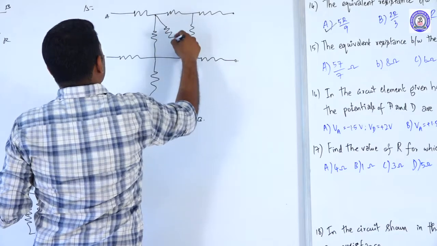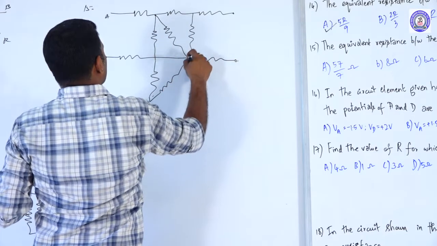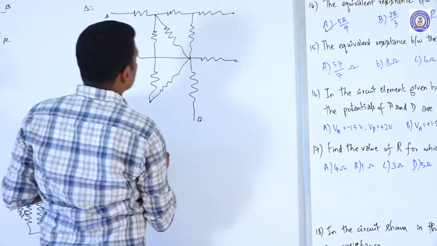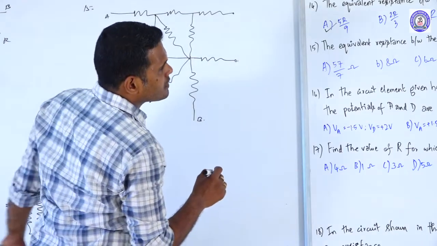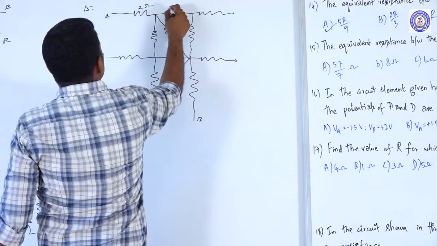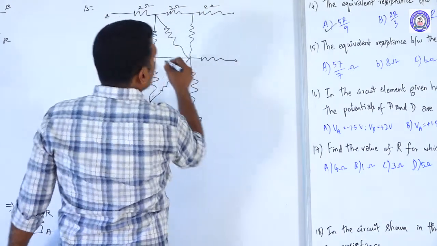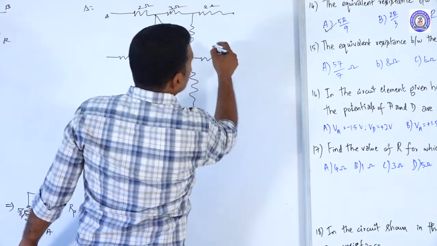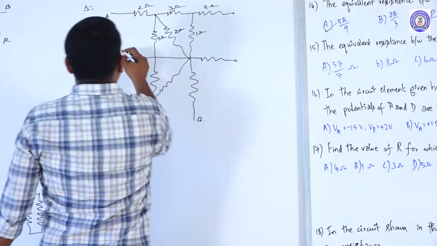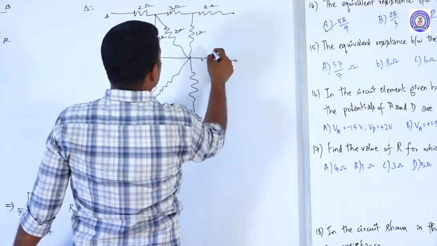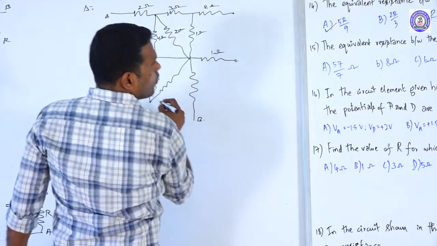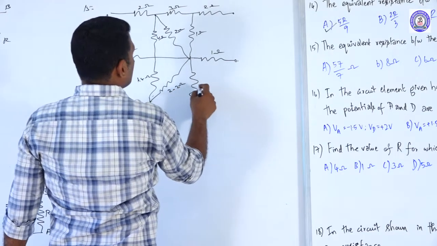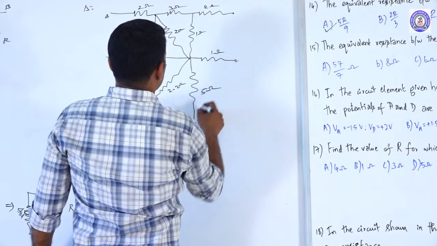As we look at the circuit diagram, it seems to be very complex, but the idea is very simple. The resistances are 2 ohm, 3 ohm, 2 ohm, and this one is 4 ohm, 2 ohm, 1 ohm, this one is 10 ohm, and this one is 1 ohm, 1.8 ohm, 2.2 ohm, and this one is 5 ohm.